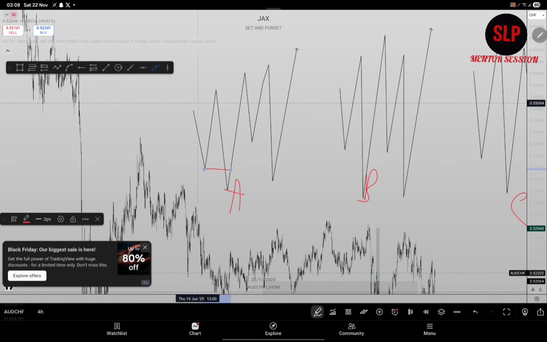Then we don't pay too much attention to this side. If you use this area to validate your QMR, you end up missing a lot of trades. So after the sweep, the next important thing is that the sweep needs to break structure. After you have a sweep, that sweep needs to break structure, and this is one of the major characteristics of what makes a QMR valid.